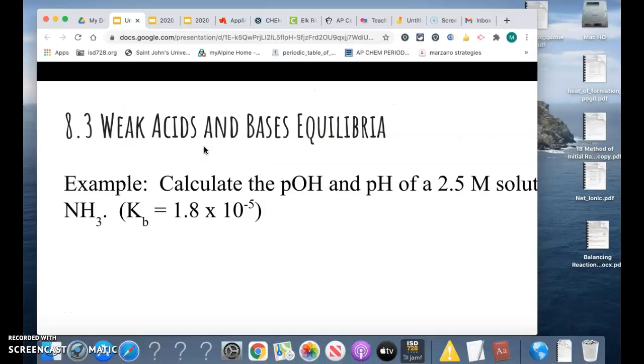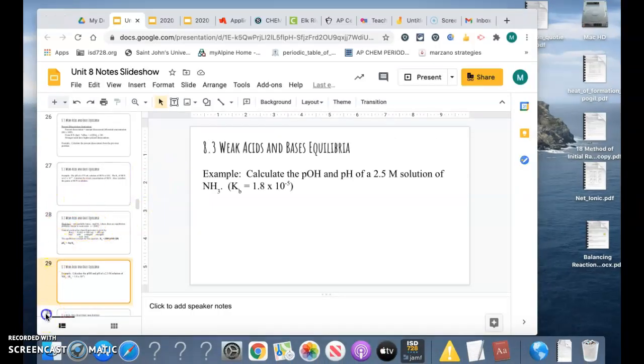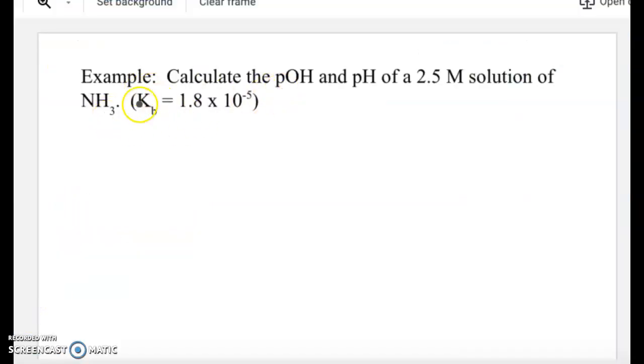Okay, and I'm going to switch over to the Jamboard again. All right, so here we have that example problem. Now for the Kb expression, similar to Ka, you want to use this for any weak base equilibrium problems. So the Kb value is going to be equal to x squared over the initial concentration of the base.